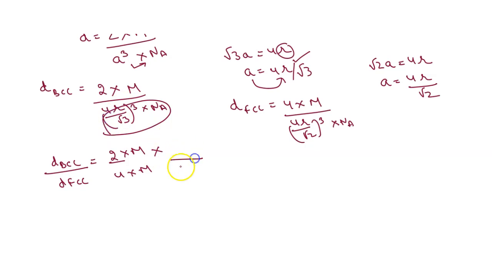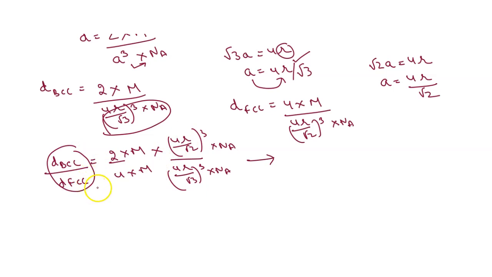This goes here and 4R by root 2 goes here. On solving this, we get the answer, and one of the options was the ratio of density of BCC to the density of FCC. Moving to the next question.